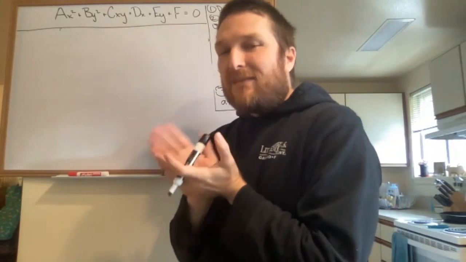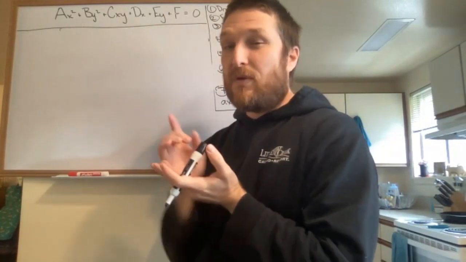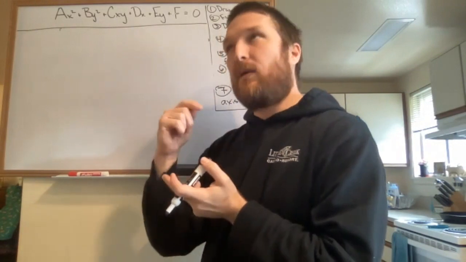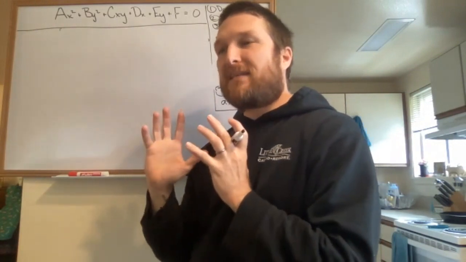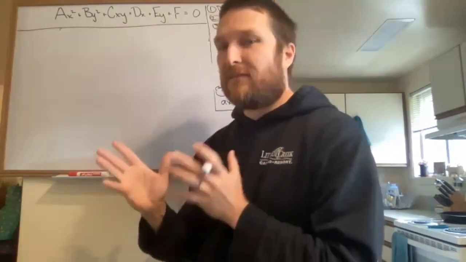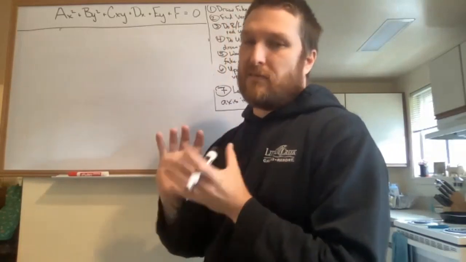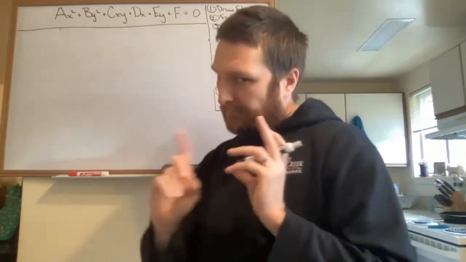Now, getting the y by itself is no longer an option. We can, and we will later on see a way to do that, but it's actually way more difficult. It's easier, believe it or not, to learn a new way of doing things. And so here we go.